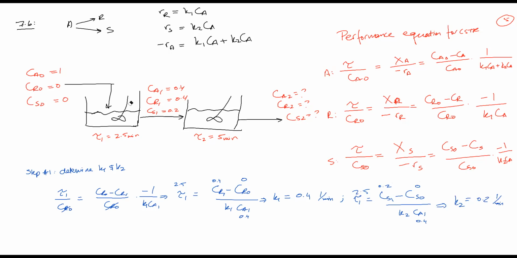Let me take a note here. So we calculated K1 and K2. I have K1 equals 0.4, K2 equals 0.2. And let's save.